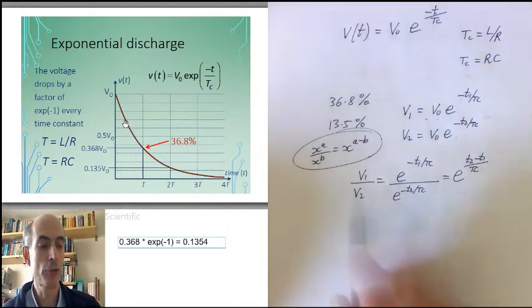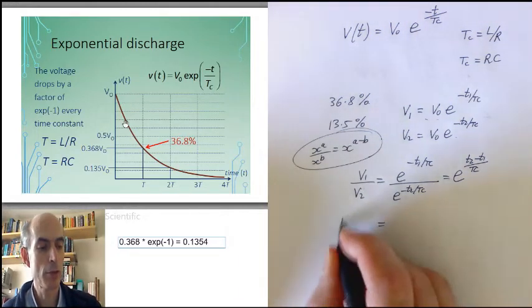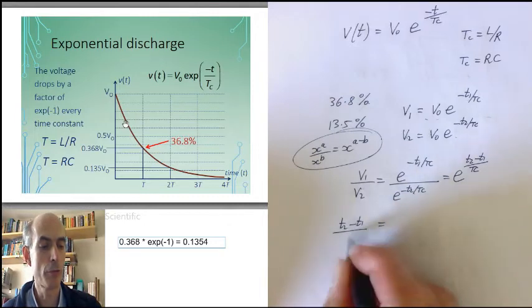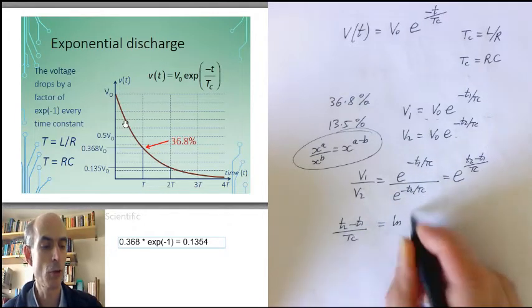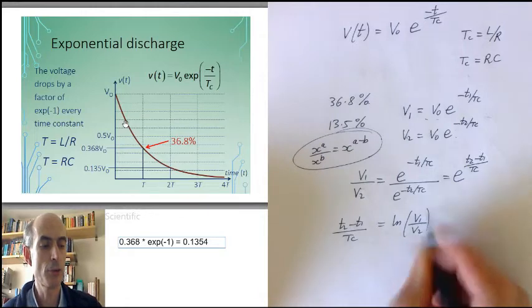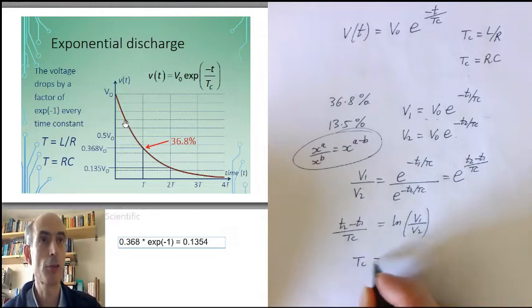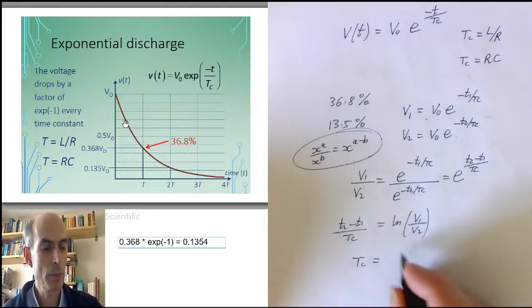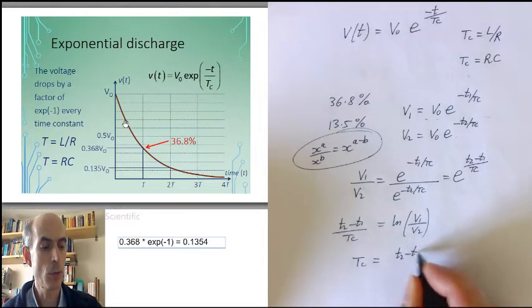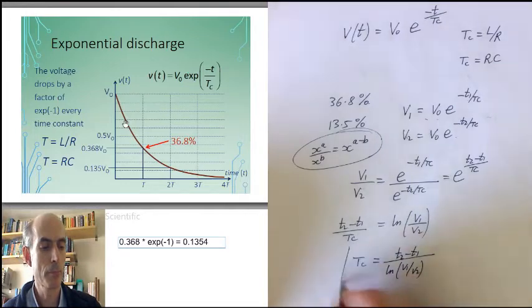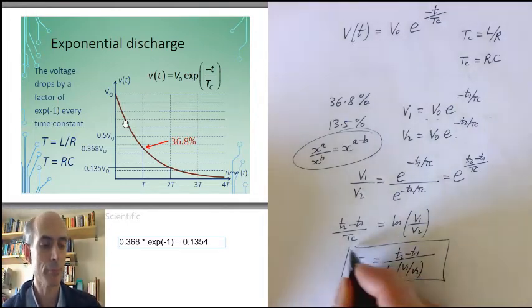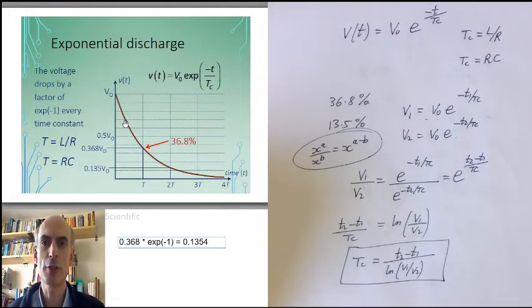Taking the log of both sides of this just gives me that T2 minus T1 over the time constant is the log of V1 over V2. In other words, the time constant I can calculate as T2 minus T1 divided by the log of V1 over V2. And that's a standard way of measuring the time constant experimentally.